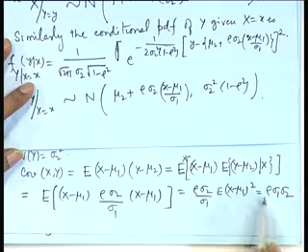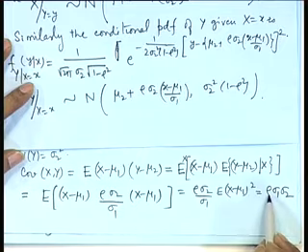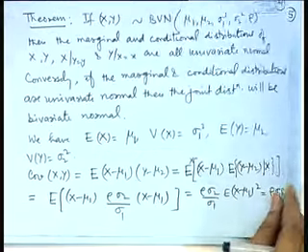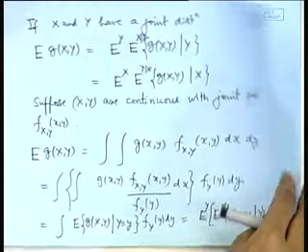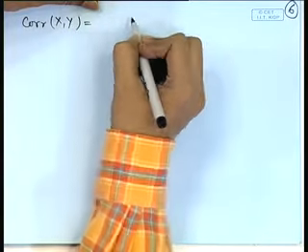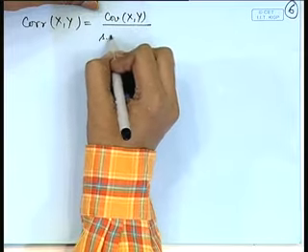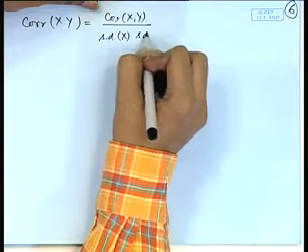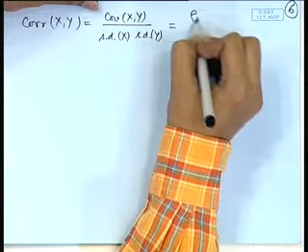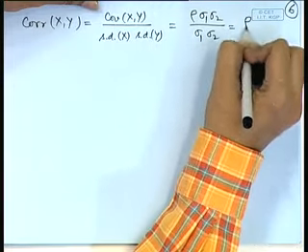So, we conclude that the covariance of x y in a bivariate normal distribution is given by rho sigma 1 sigma 2. Therefore, we can calculate the coefficient of correlation between x and y as the covariance between x and y divided by the standard deviation of x and the standard deviation of y, that is rho sigma 1 sigma 2 by sigma 1 sigma 2, which is equal to rho.